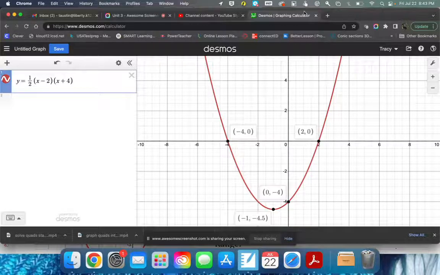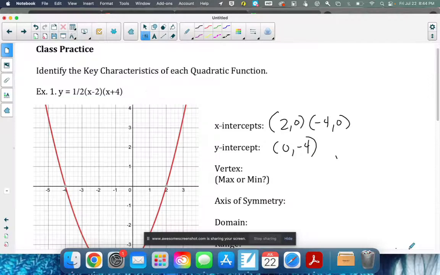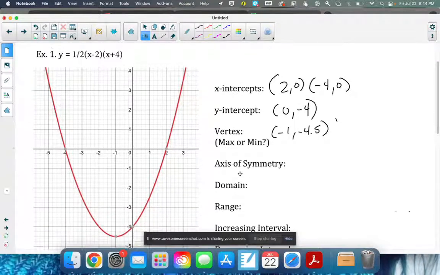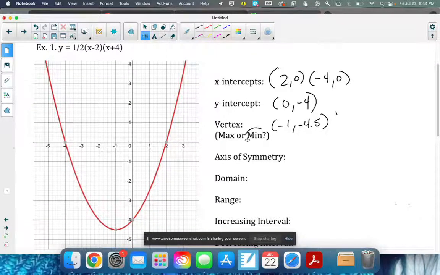Yep, 0, -4. Okay, and then the vertex is -1, -4.5. Okay, so remember the rule that max or min, if the vertex is the lowest point on the y, lowest y value on the graph, then it's a minimum. And if it's the highest one, it's a max. So in this case, this is a minimum.